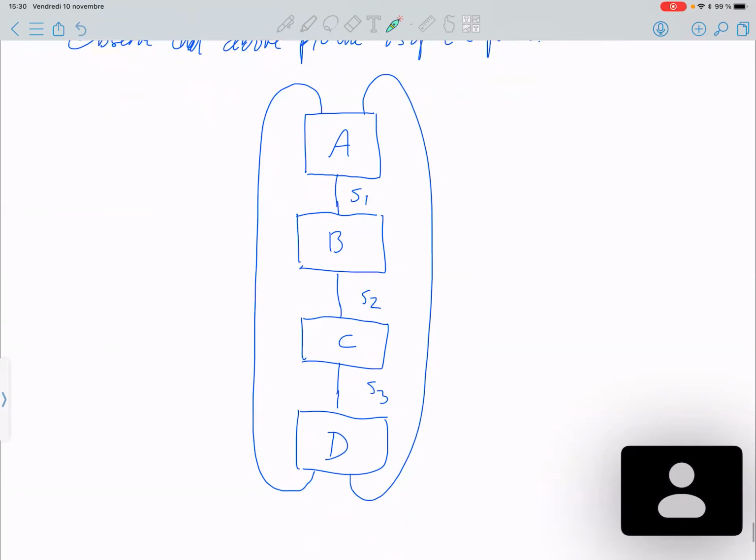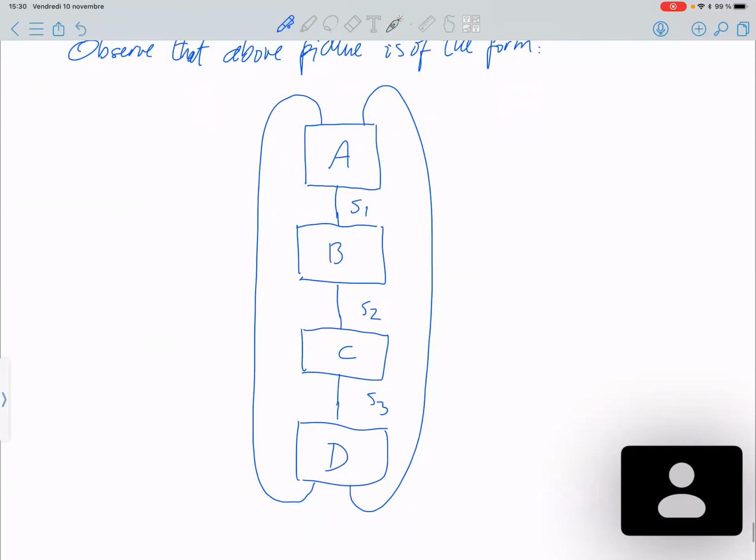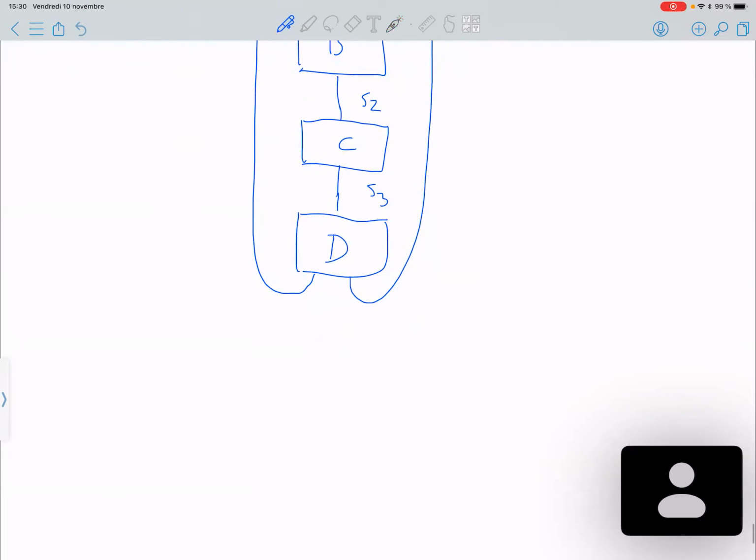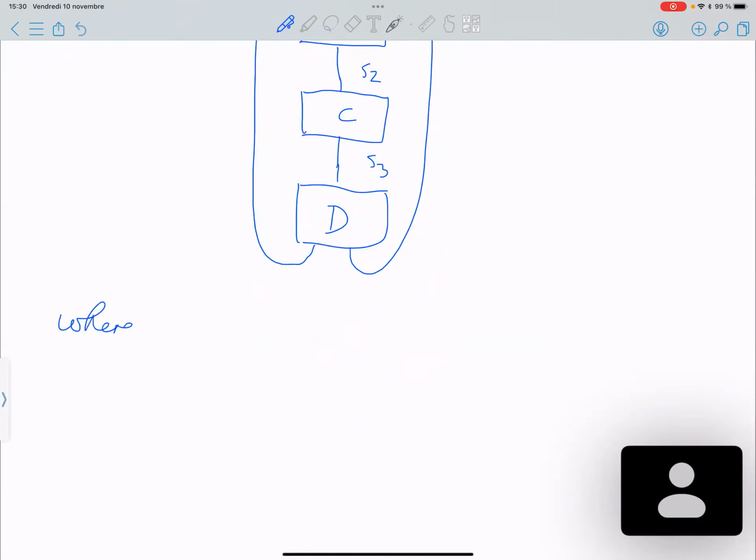So that can be directly broken into three parts. So let me write: where Si, i equal 1, 2, 3, are simple objects.